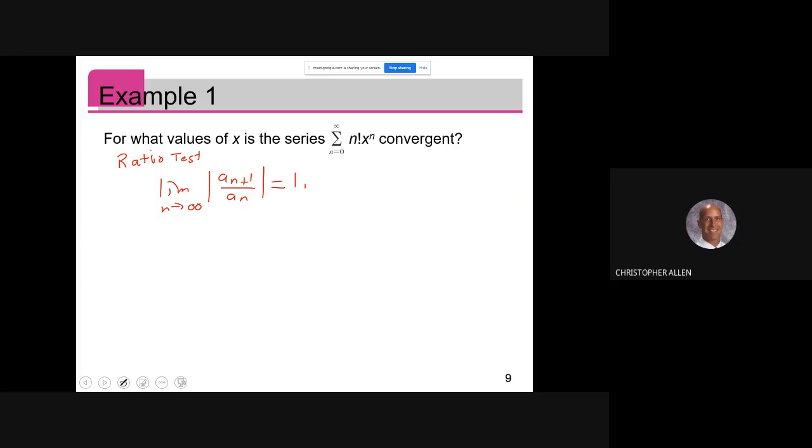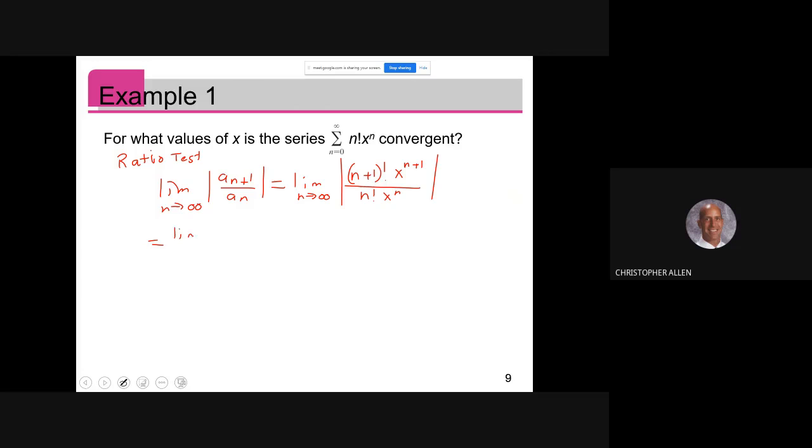In other words, this is going to be the limit as n goes to infinity of n plus 1 factorial x to the n plus 1 divided by n factorial times x to the n. Technically, we're doing absolute value here, but we don't need to worry about that so much, except for maybe the x. We do need to worry about the x. But the n is obviously going to be greater than 0, so we're good with that. Okay, so let's do a little bit of work here.